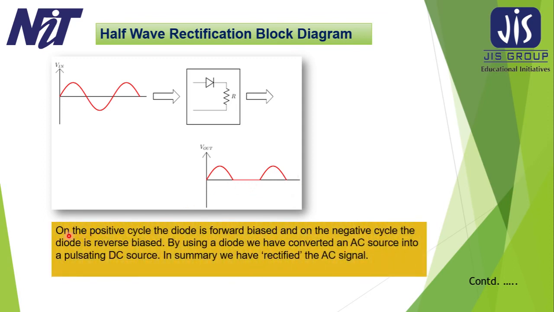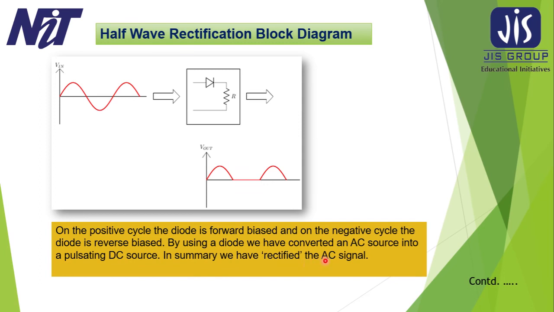So in conclusion, on the positive cycle the diode is forward biased, and on the negative cycle the diode is reverse biased. By using a diode we have converted the AC source into a pulsating DC source.